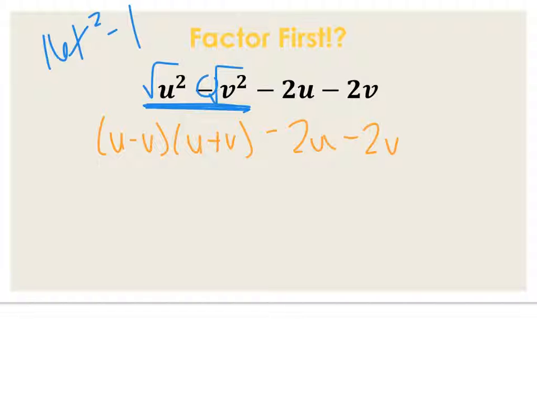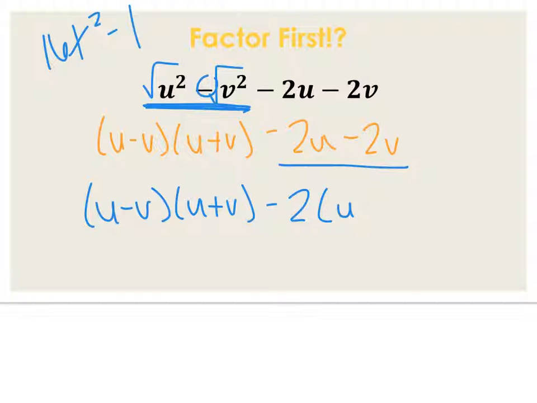So now you're like, okay, what do I do from here? I don't even know what's happening. This guy, I'm going to pull out the GCF from him, the greatest common factor from him. So I'm again just going to write my u minus v and my u plus v. I can pull out a 2, and I'm left with u plus v. So I'm looking at, I have this piece, and I have this piece.